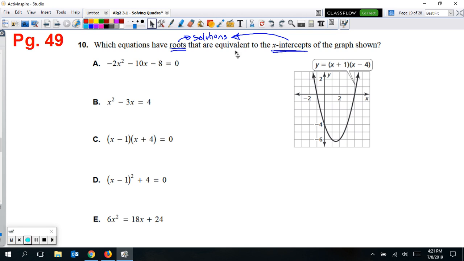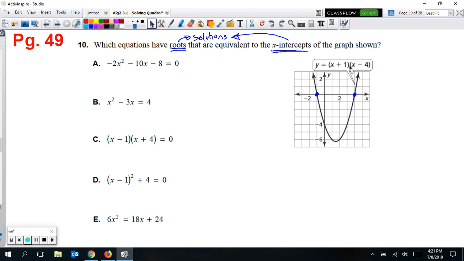Which equations have the same solutions as the solutions that this graph would have over here? And we want to remember that the solutions on this graph are where the x-intercepts are, which is going to be right here at -1 and over here at +4.